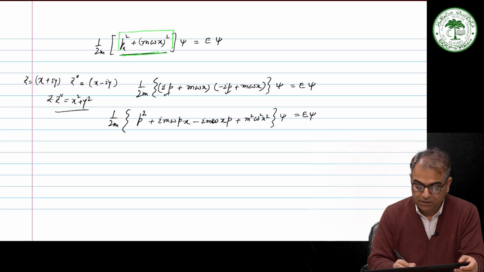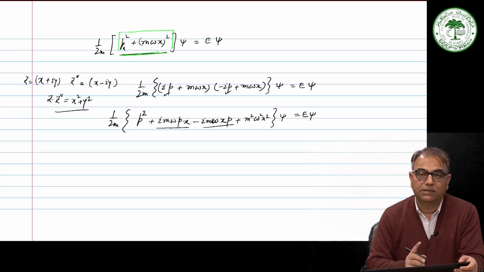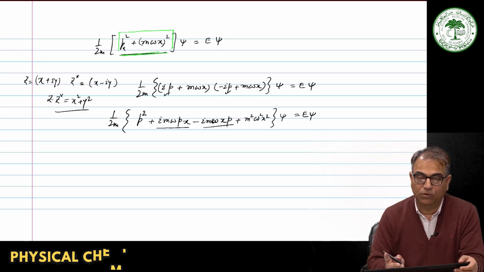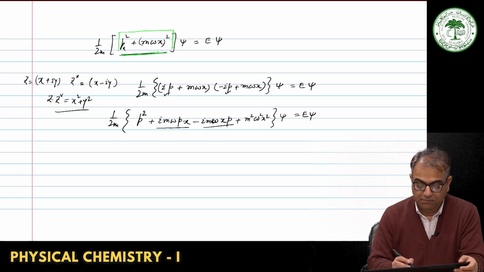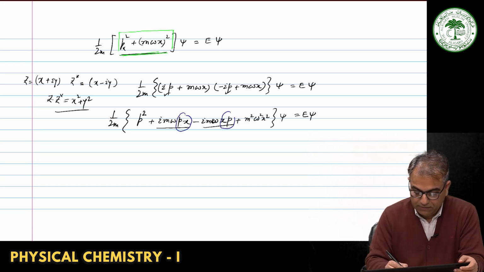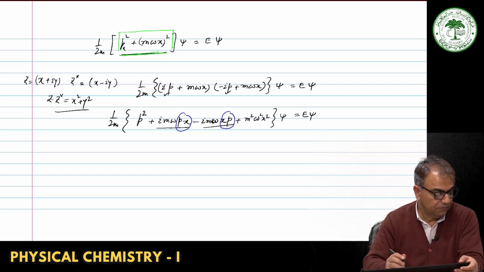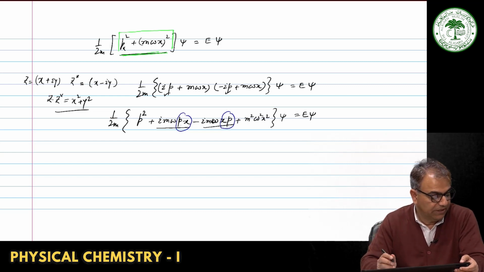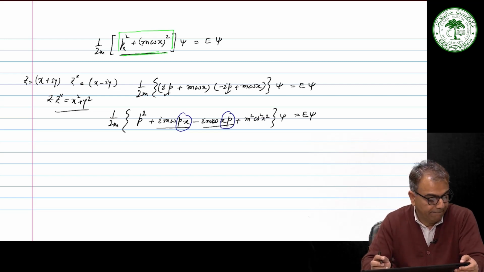Had it been numbers, I m omega px and I m omega xp would cancel, but they are not numbers, so they will not cancel. They will stay there because here you have px and here you have xp, this you should always remember.